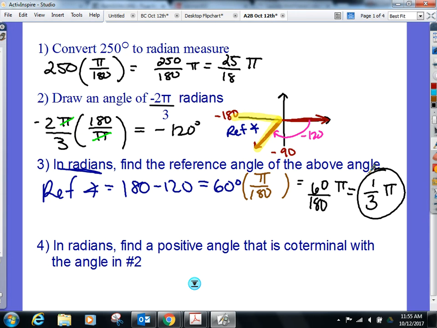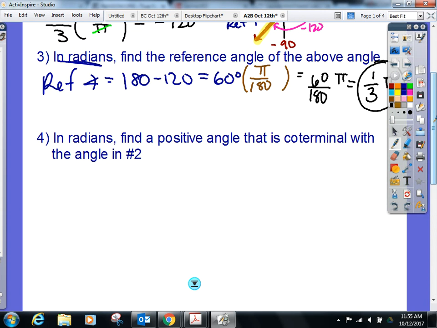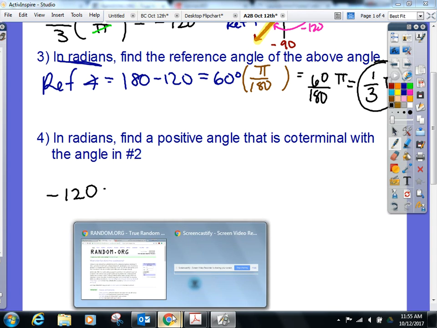Last one. Take the negative 120. Get me a positive angle that's the same terminal side. Give me a positive angle now that has the same terminal side. Negative 120 is the same angle as what? Positive.